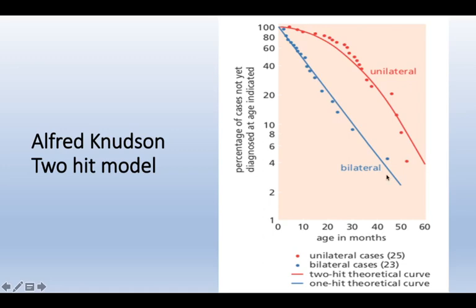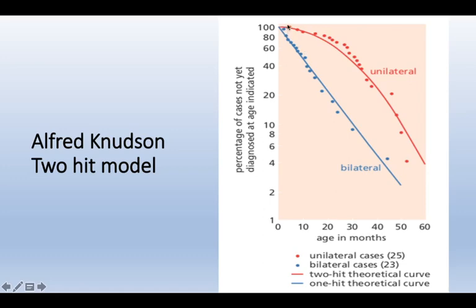Then what does the Alfred Knudson two-hit model say? If we look at the kinetics of the disease, we notice that bilateral retinoblastoma cases happen in the majority within less than 2 years of age. The majority fall within a 10 to 20 month window, so a very early child age, and both eyes are affected.